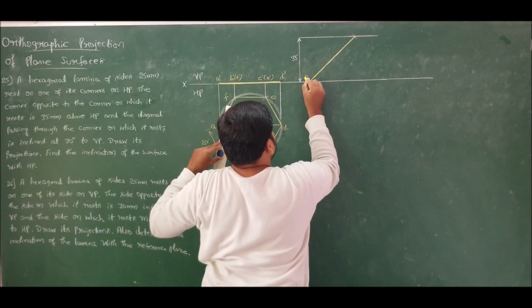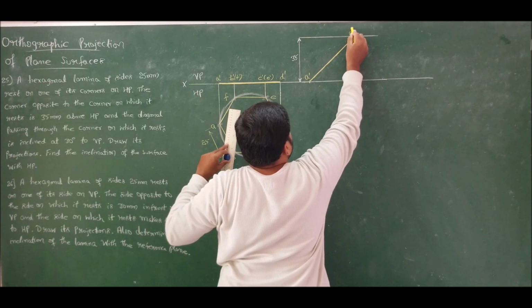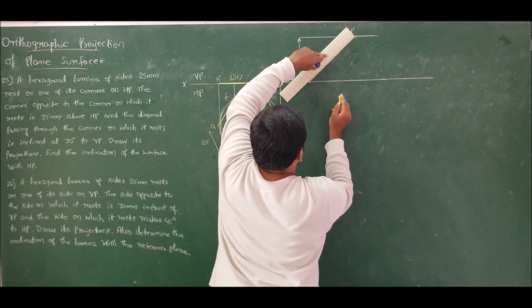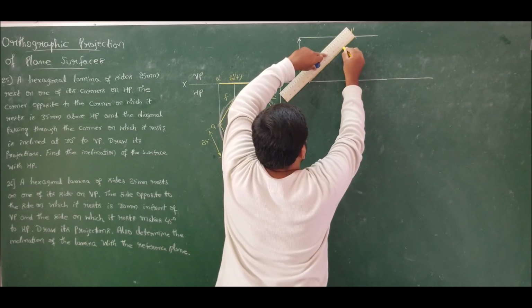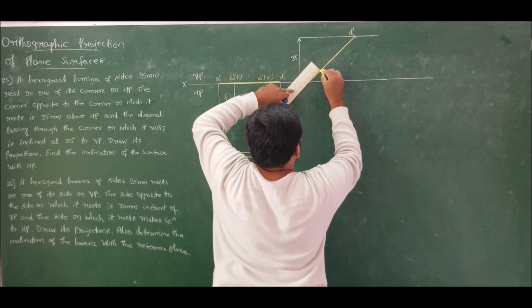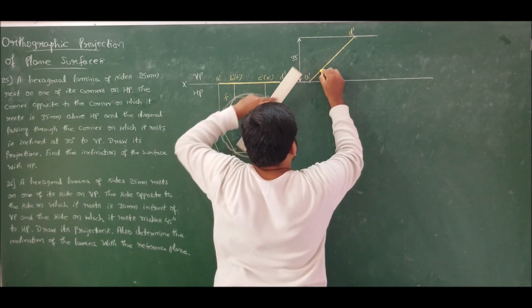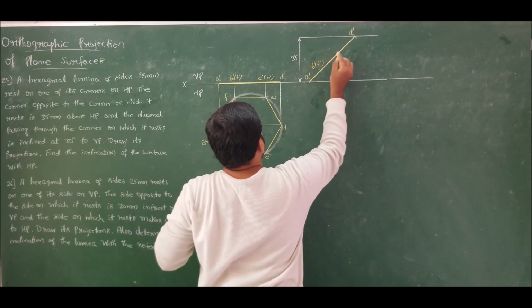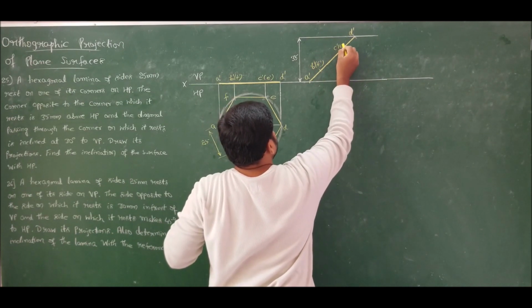So I got A dash D dash, and also mark the remaining corners, that is B dash F dash, C dash E dash.